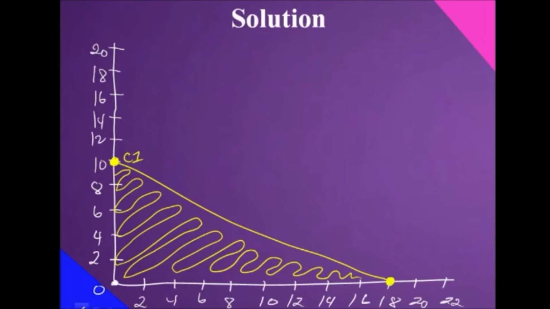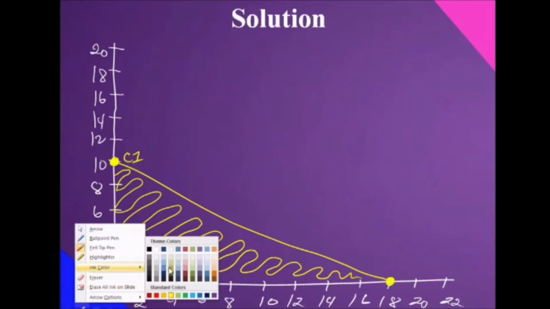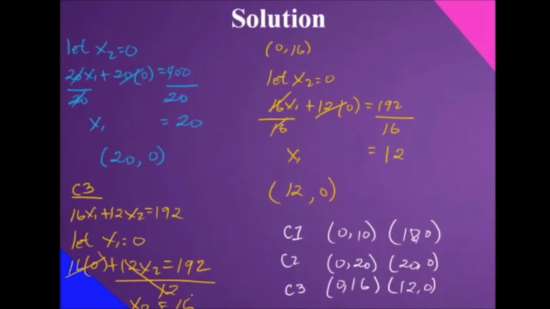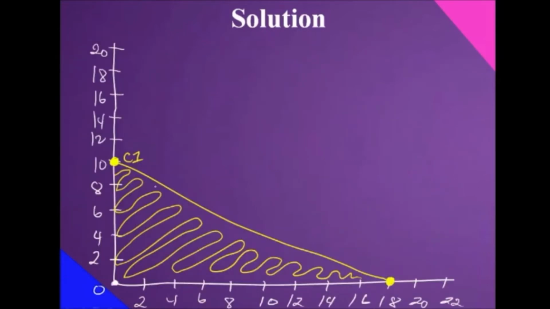Now, for our C2, that is color blue, sky blue. So C2 natin is 0, 20, and 20, 0. Lagay natin 0, 20, tapos 20, and 0. Connect natin sila.